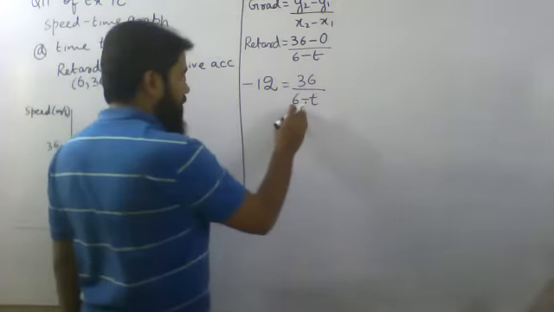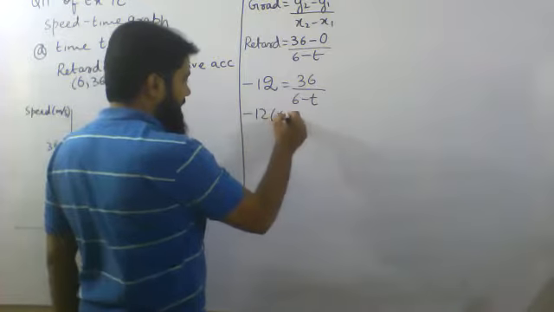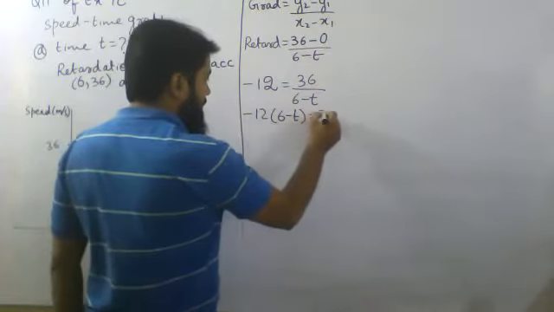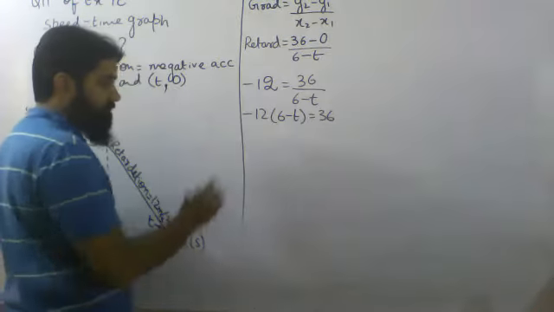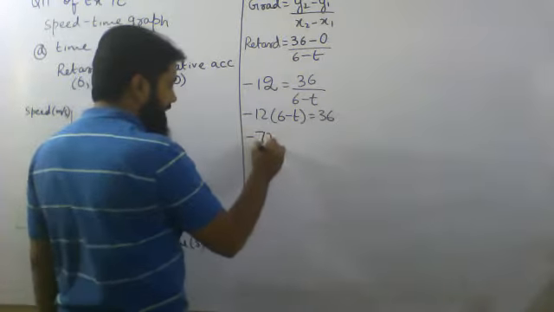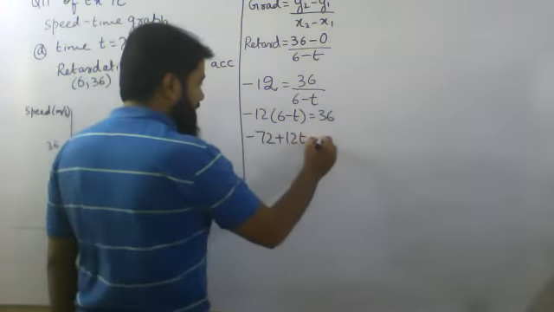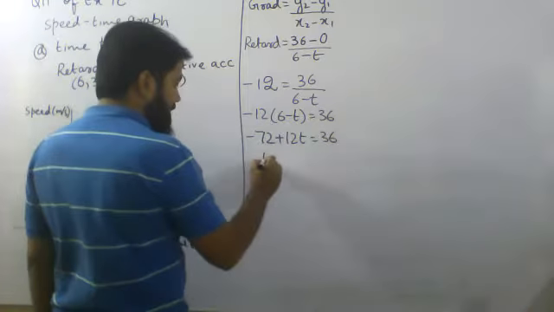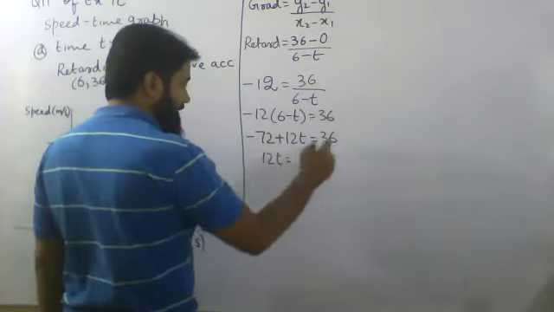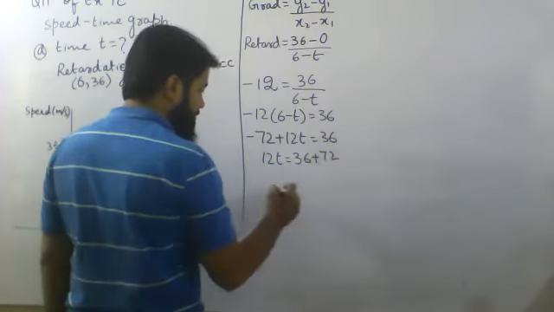So shifting it over here, minus 12 into 6 minus t equals 36. Minus 12 into 6 will be minus 72, and minus into minus is plus, so plus 12t equals 36. 12t equals 36 plus 72, shifted over here it becomes plus 72.